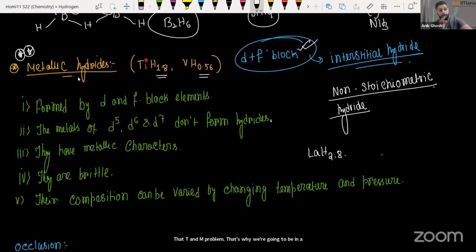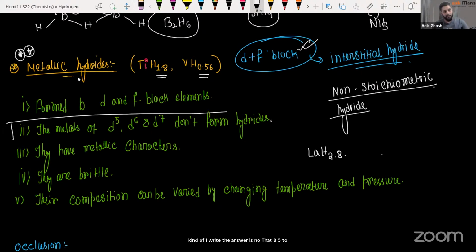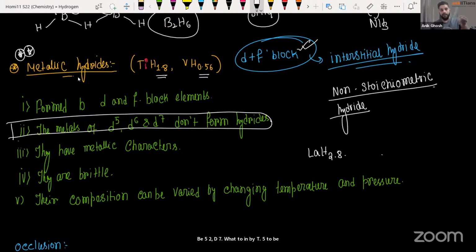Correct? Now, can every D and F block element make this kind of hydride? The answer is no. The d5 to d7 cannot. What do I mean by d5 to d7? I'm talking about the electronic configuration. Take manganese right now. How does the manganese electronic configuration go? 3d5 4s2, right?